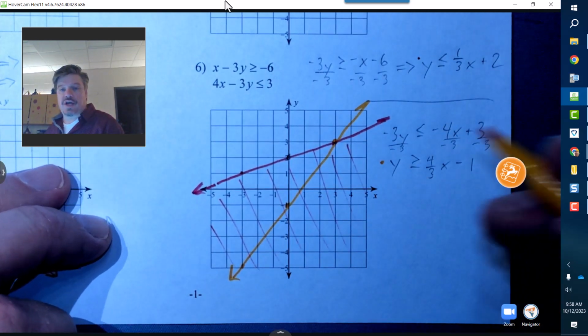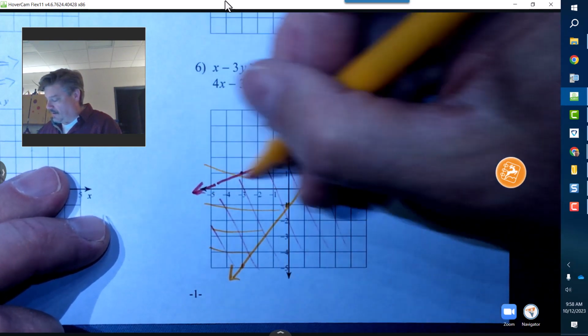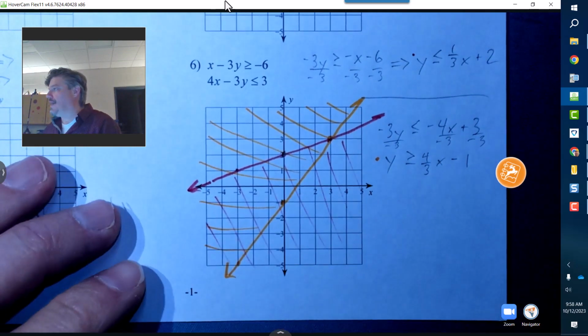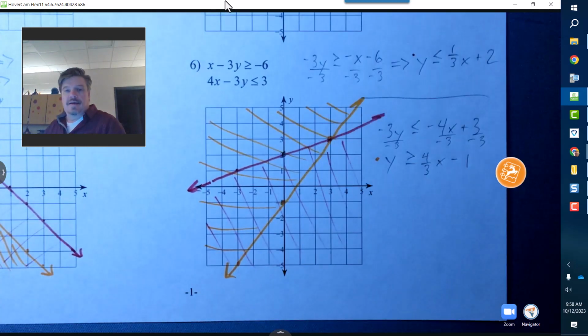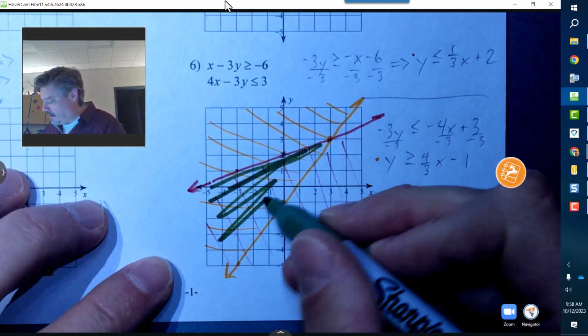So shading above would give us this region right here. And all of the overlap takes place right in between them, right here.